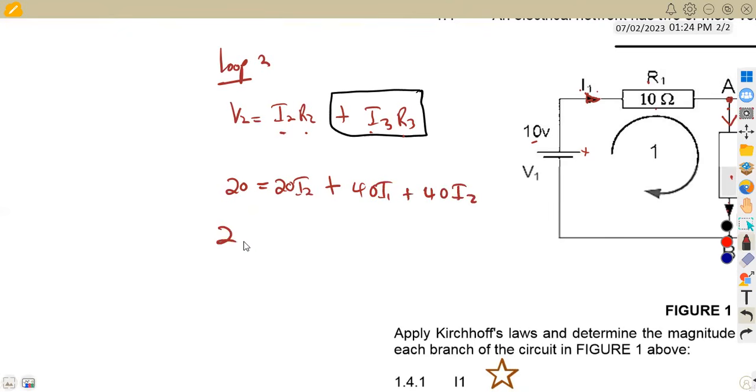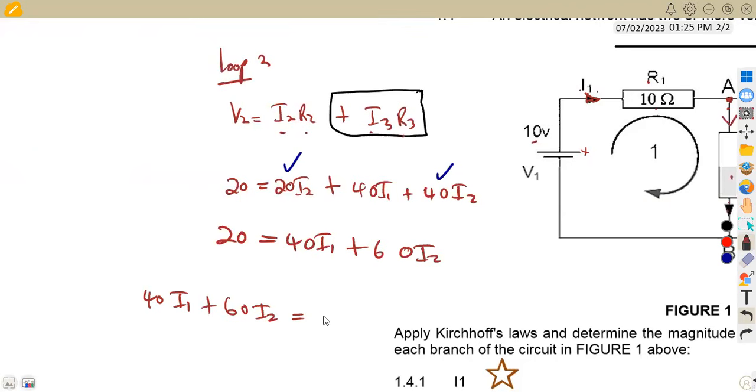Collect like terms, just like the previous part. We've got 40 I1. We can add 20 I2 and 40 I2, that is 20 plus 40, which gives us 60 I2. Like I said, guys, this equation is in your hands. You can even reduce it.